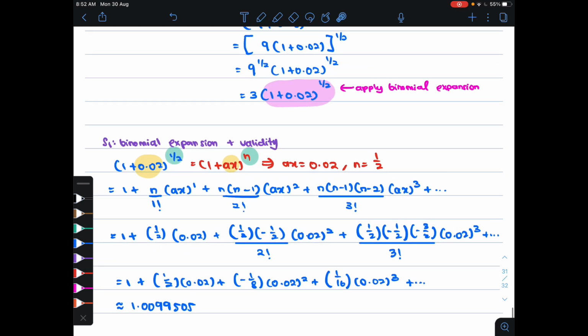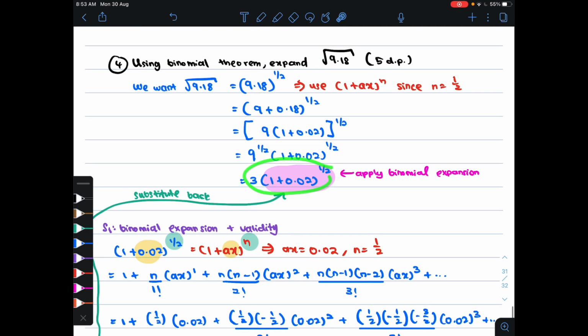No, because this answer here we got from this binomial expansion only. We still have 3 at the front. So, we're gonna substitute back 1.0099505 into the expression. So, ini asal dia datang daripada square root of 9.18.